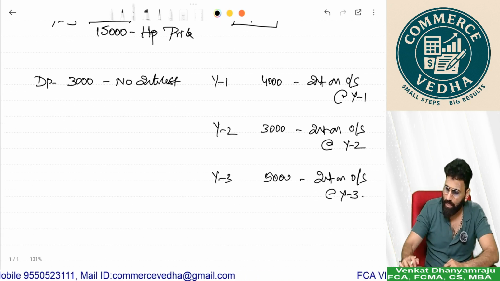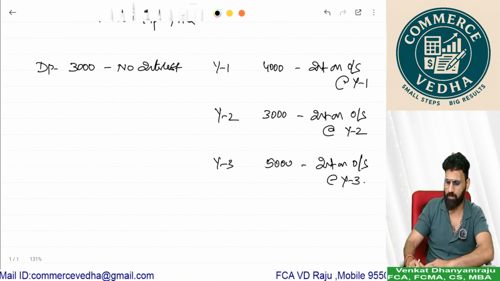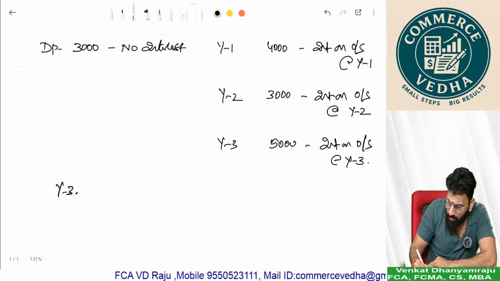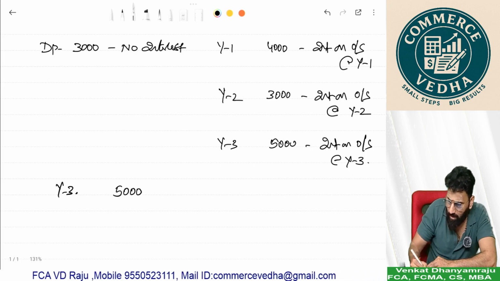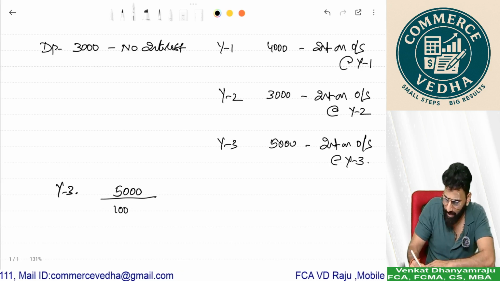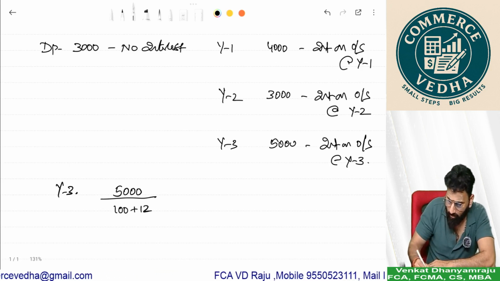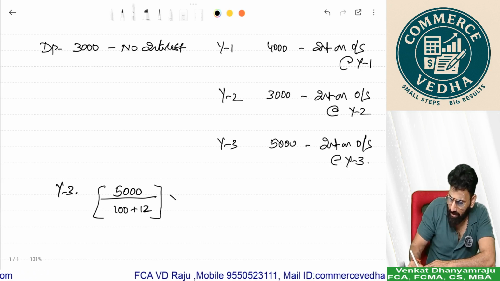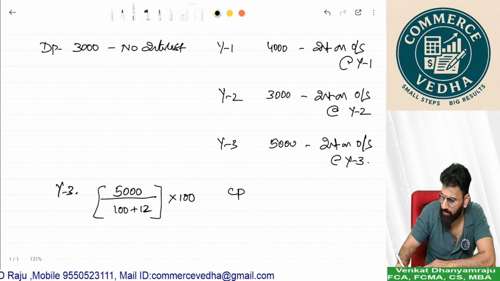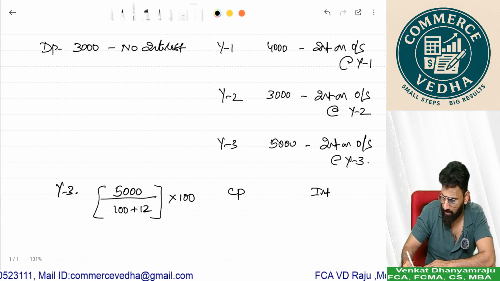So we should start from year 3. Year 3 my installment is 5,000 and assume cost price is 100, interest is 12. What is my cost price? I can get my cost price, I can get my interest.